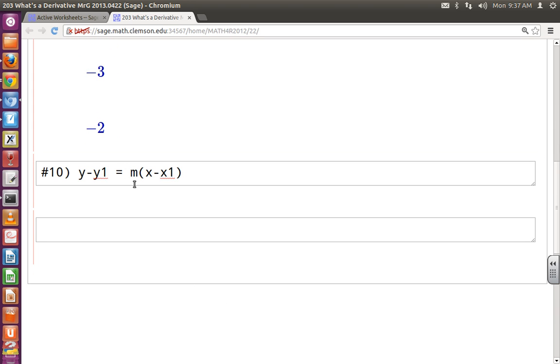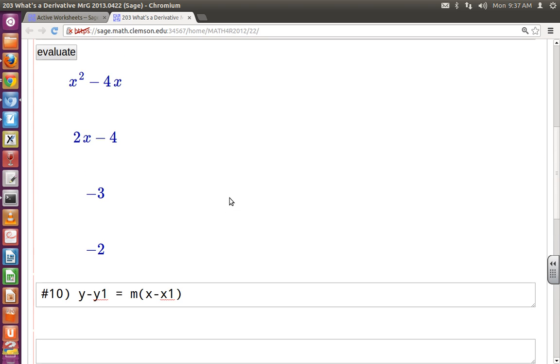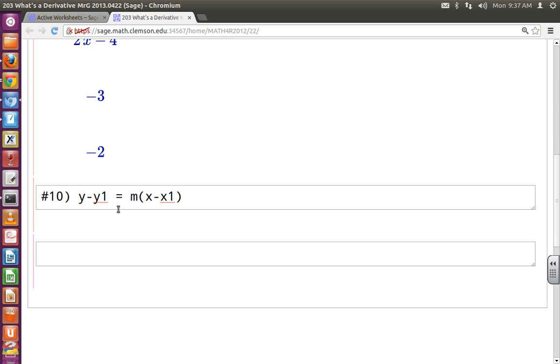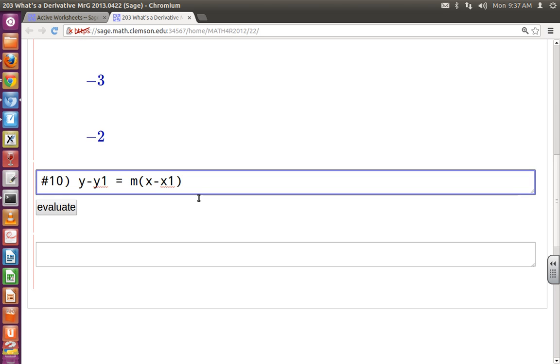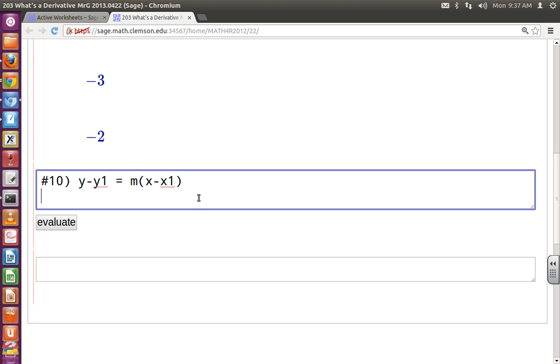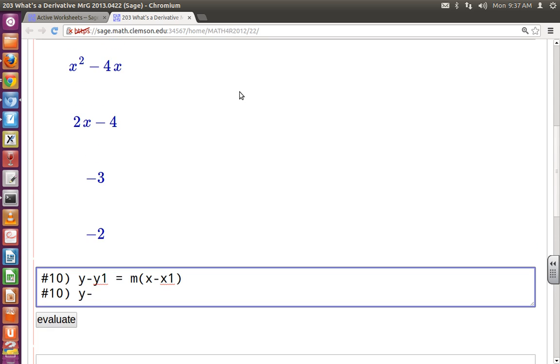What is y minus y1? Well, let's write it down. Y minus. Now, which one of these was a y value? And which one of these was a slope? One of these was the y1 and one of these is the m. Which is which? Any ideas?